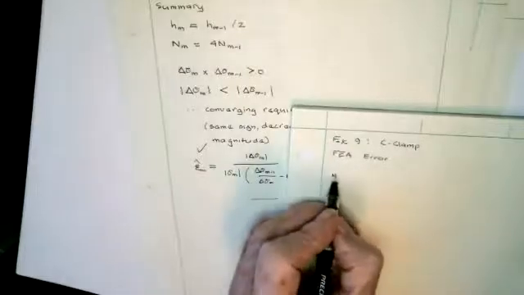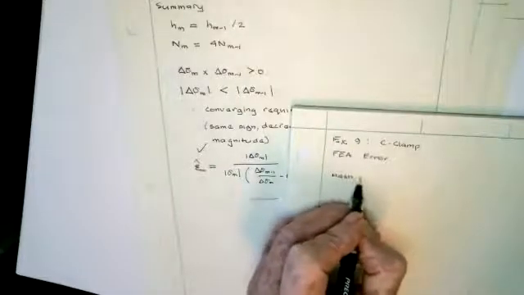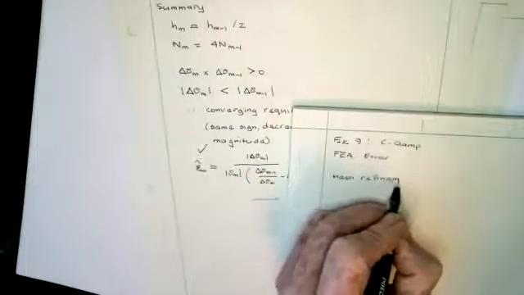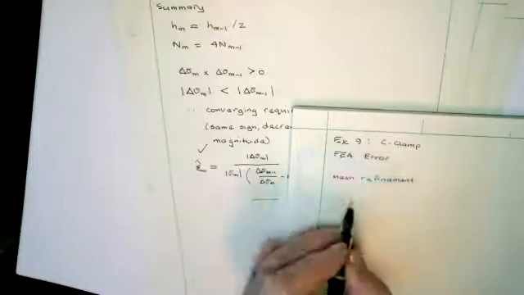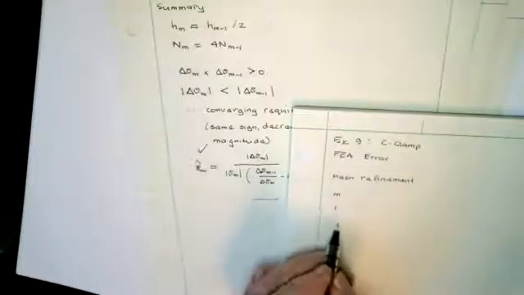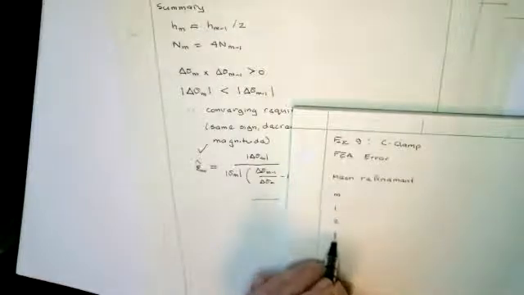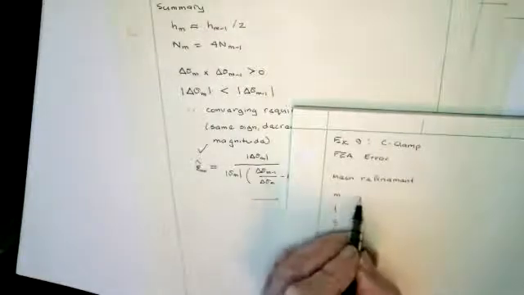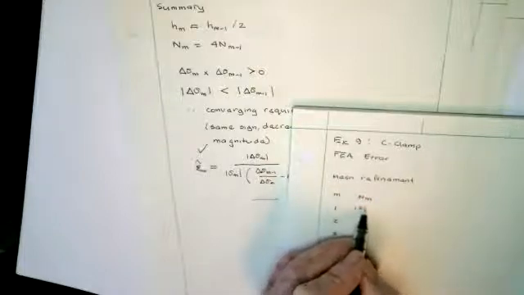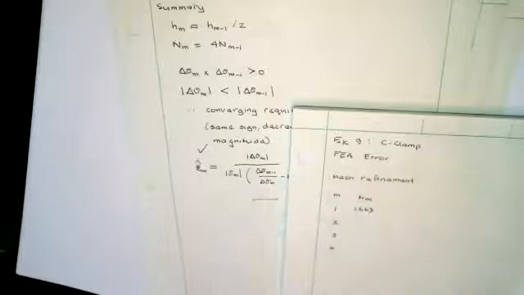First of all, we can check the mesh refinement. We didn't start with a mesh that was 100,000 elements.